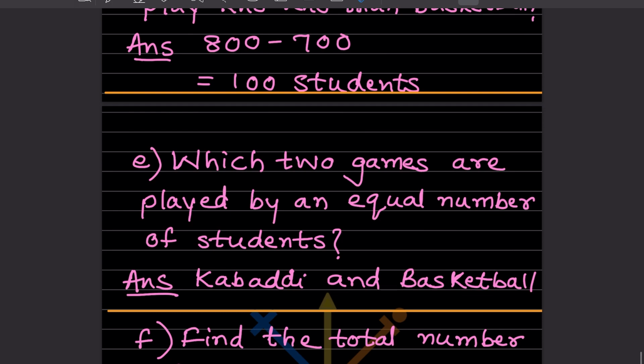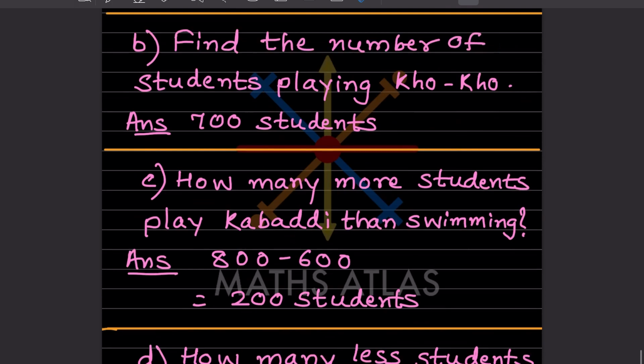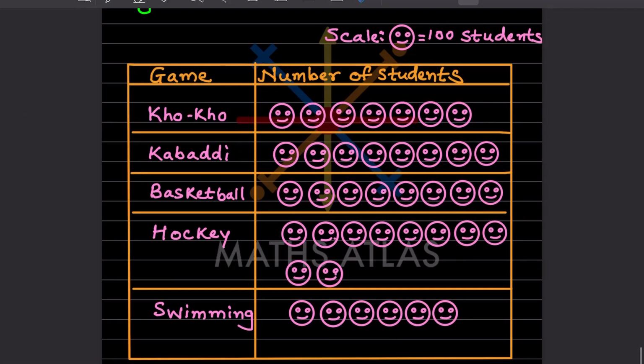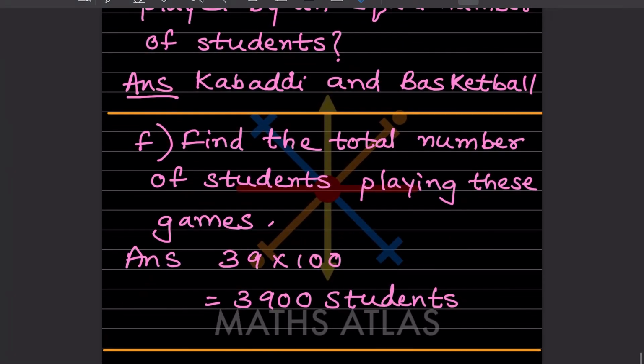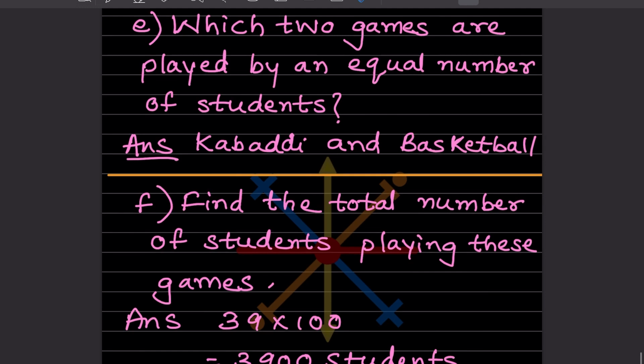Which two games are played by an equal number of students? Can you see where is the equal number of students? These are equal. So we can say Kabaddi and basketball. So find the total number of students playing these games. So here, how many students are there?